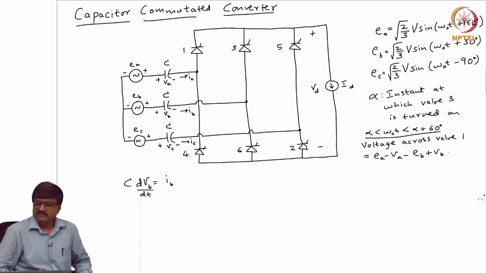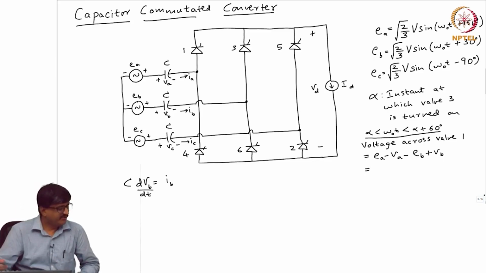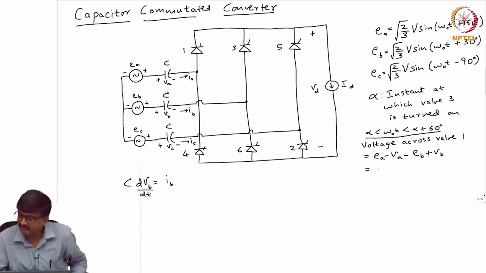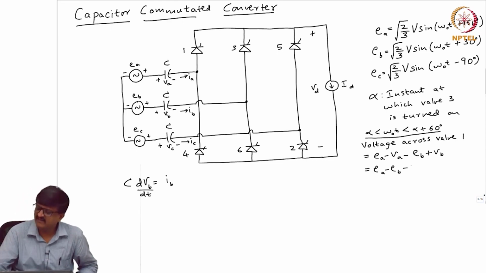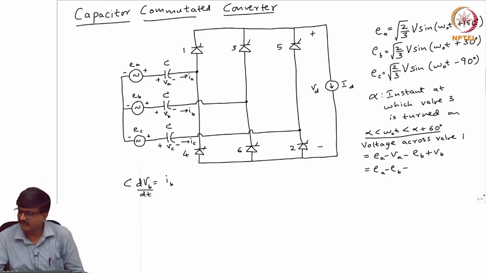Let us try to get the expression for VA and VB. So it is EA minus EB. What is the expression for VA? We already have the waveform of VB.